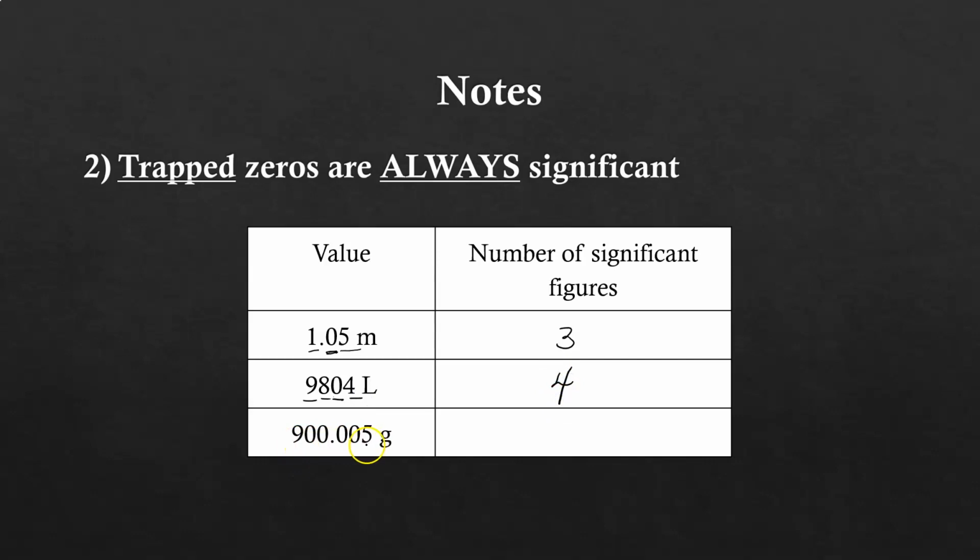Looking at the last one, these are all significant because they're all between 2 non-zero numbers. So 1, 2, 3, 4, 5, well, let's recount that. I'm sorry, guys. 1, 2, 3, 4, 5, 6, because the 5 and the 9 trap all of the zeros between them, so they are all significant.